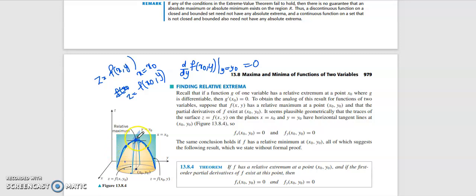In the first derivative test, if a maximum exists, the derivative is zero, so y equal to y0 is a critical point. So this must be equal to 0. By this you mean fy of x0 y0. You are fixing x0 and taking the derivative with respect to y. So therefore fy of x0 y0 must be equal to 0.